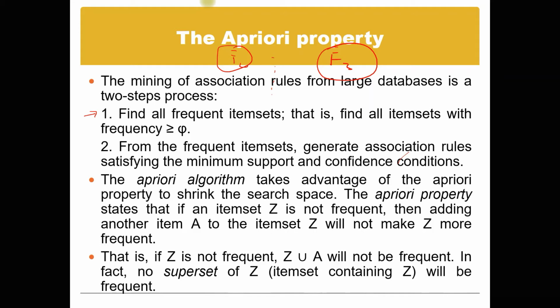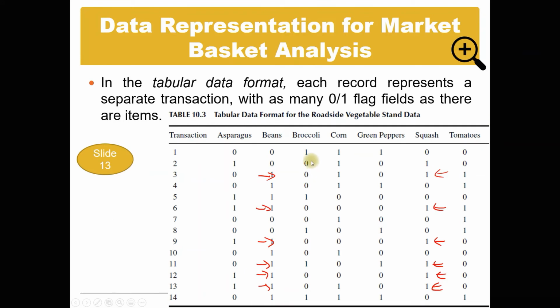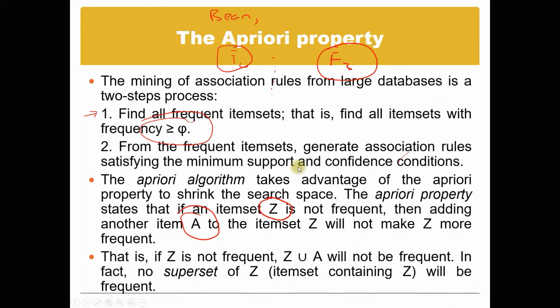But understand the property for the time being. The a priori property says that, let's suppose, an item set Z is not frequent. Not frequent means it does not satisfy that threshold that we defined. All right. An item set Z is not frequent. Then adding another item A to it, like let's imagine, you remember broccoli and corn.